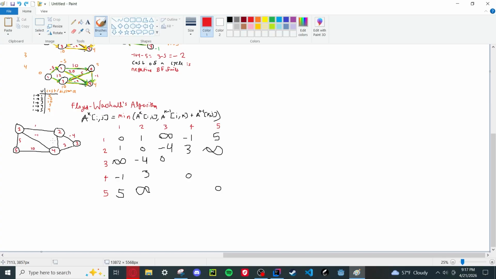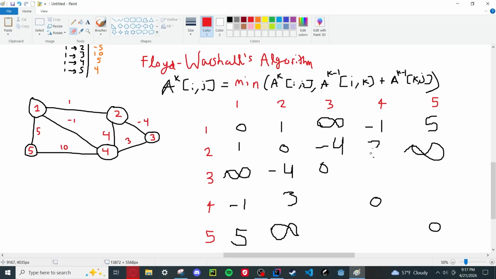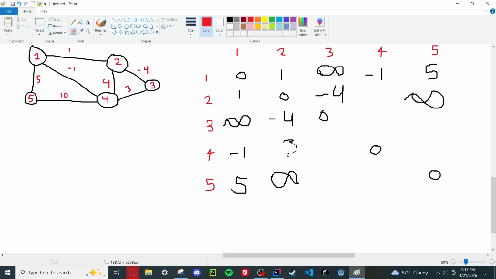Let's make this have a weight of 4. So 4 to 2 and 2 to 4 should be 4.